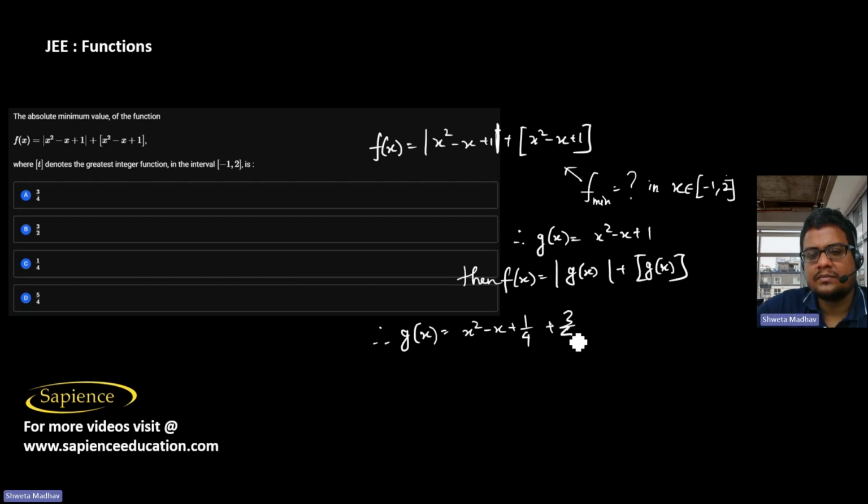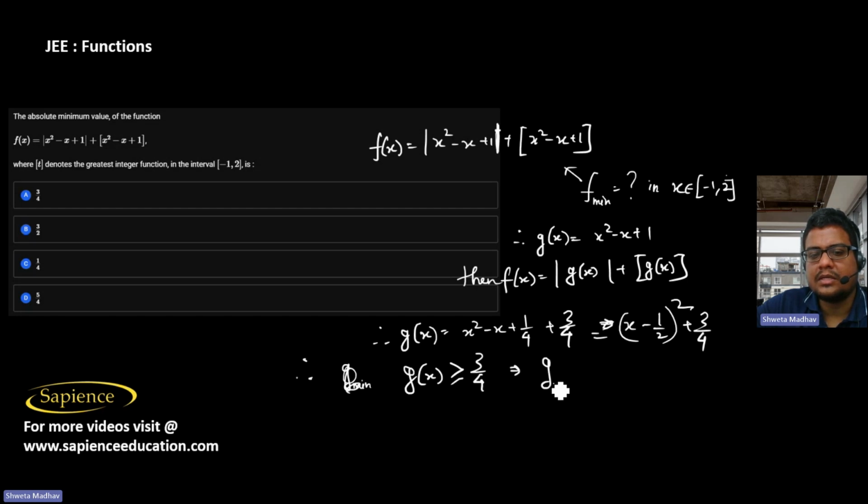plus 3 by 4. So this will be equal to x minus half whole square plus 3 by 4. So therefore the minimum value of g, it means g of x will always be greater than or equal to 3 by 4.